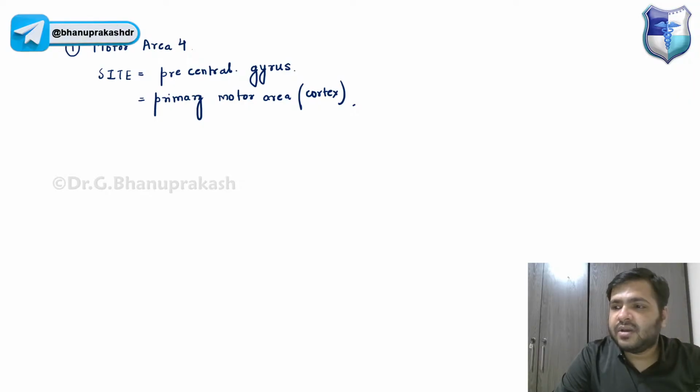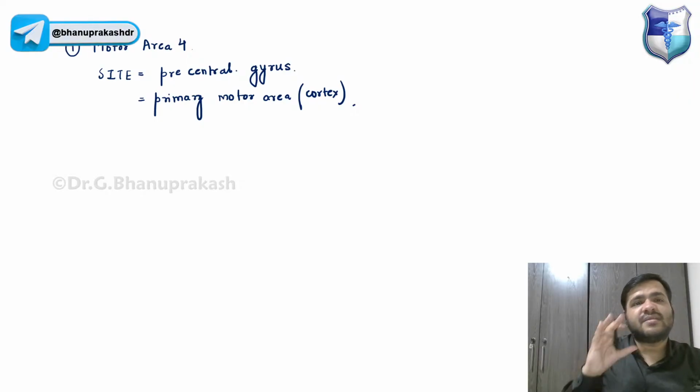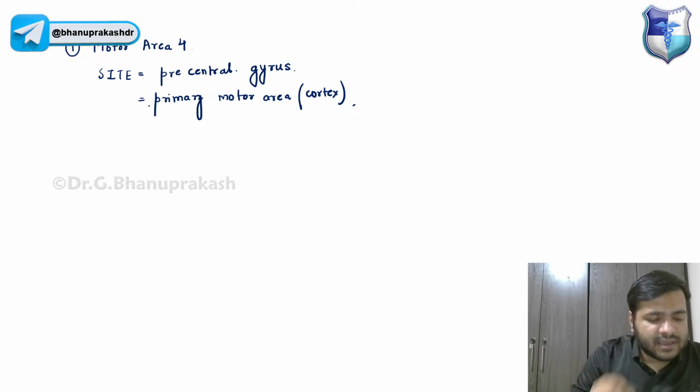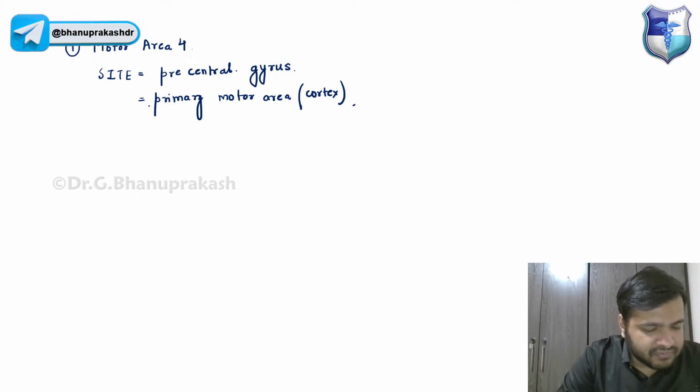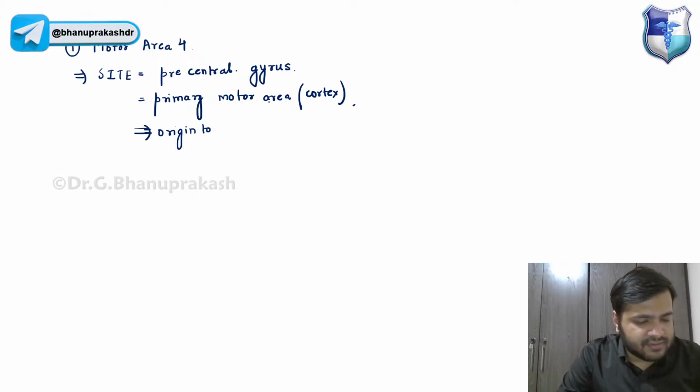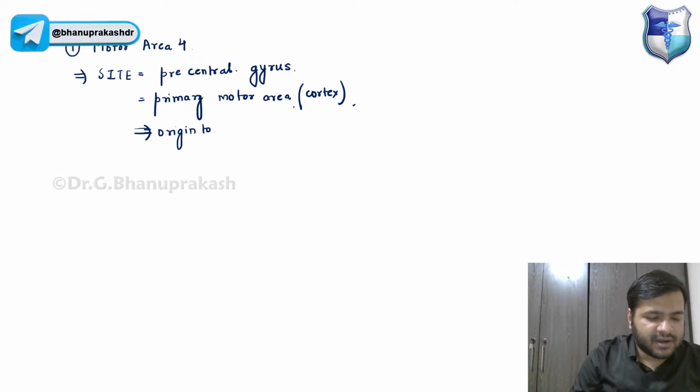Right, now guys, let us try to discuss something more important about this. It will give origin, or what is the function? It is the site of origin to, yes, you already know, we have the pyramidal tract.